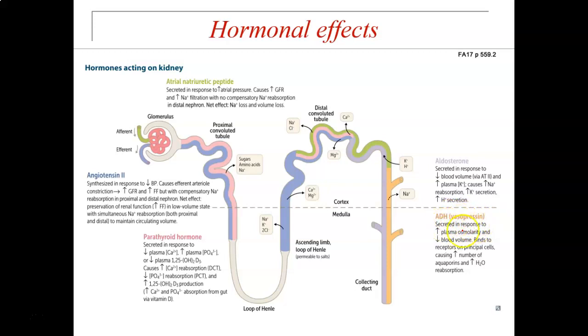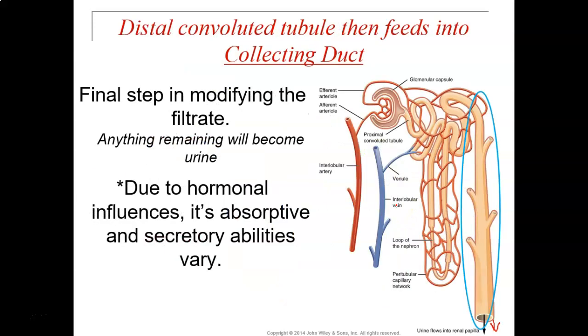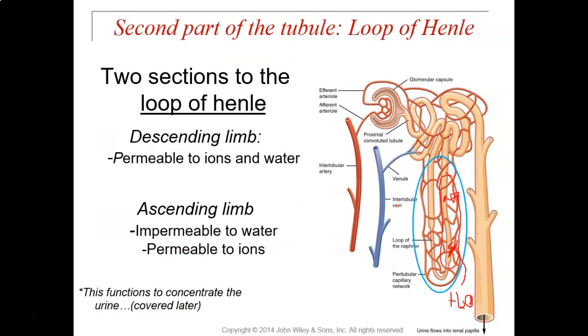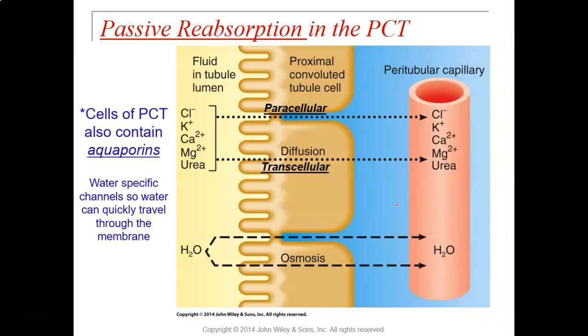Here, antidiuretic hormone, secreted in response to increased plasma osmolarity and decreased blood volume, binds to receptors on principal cells, causing an increased number of aquaporins and H2O reabsorption. Wow. Just previous slide. Right, by previous, I meant like 6 slides ago. These aquaporins are channels specifically for water.